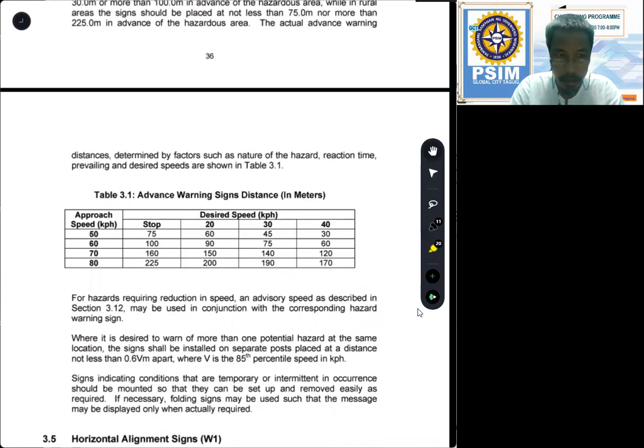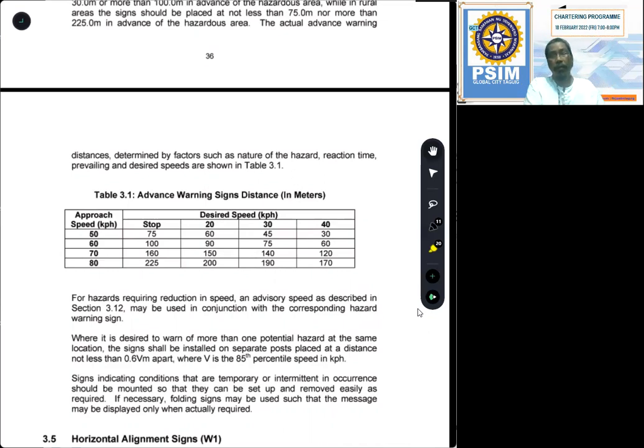When you have an approach speed of 50, 60, 70, 80, usually 80 is the maximum in our country in the urban area. So desired speed is supposed to be 40, and approach speed is 80, so 170 meters, the advanced warning sign distance.